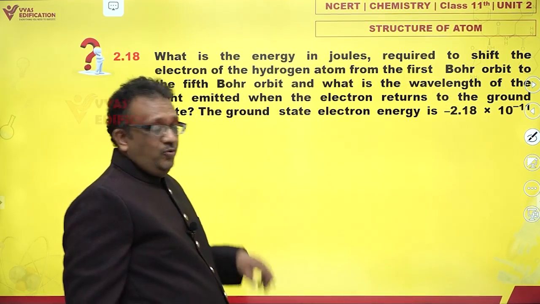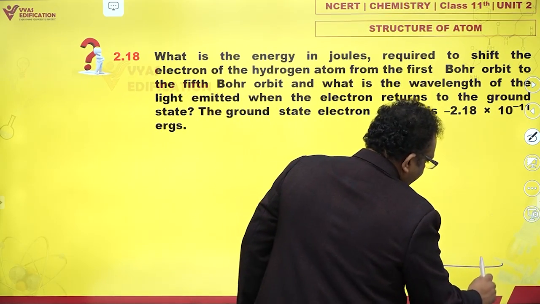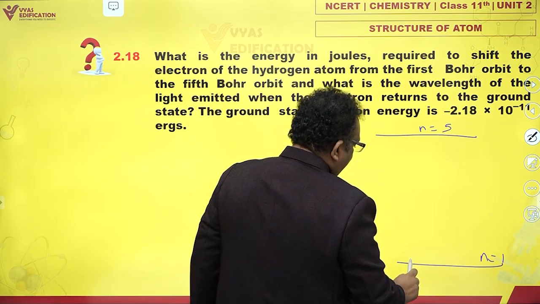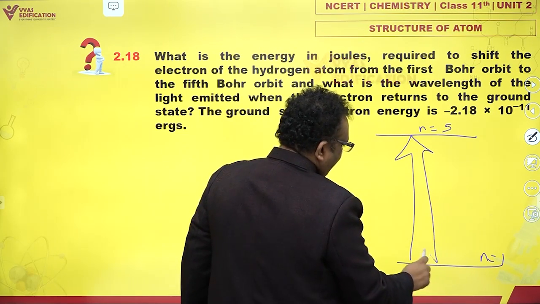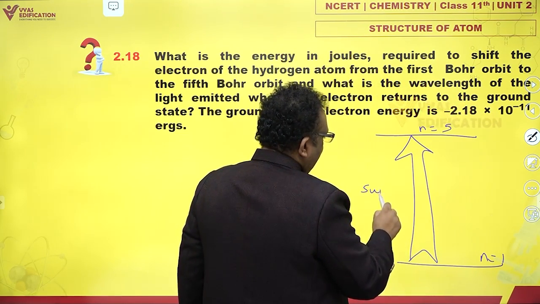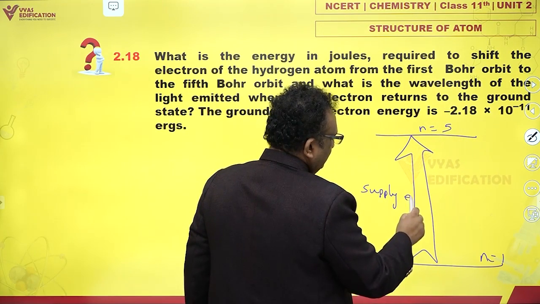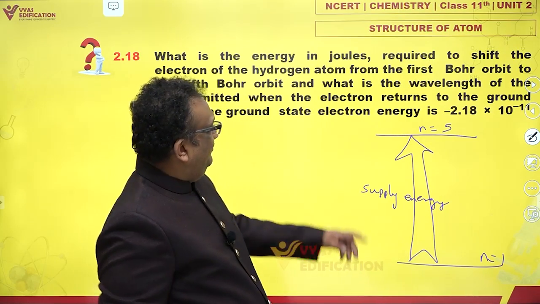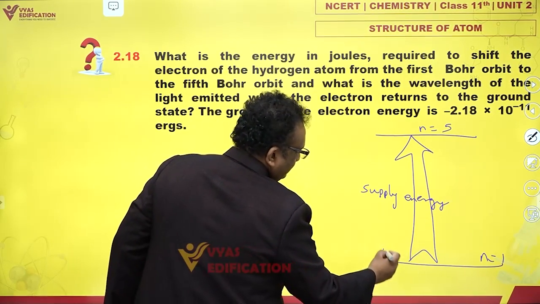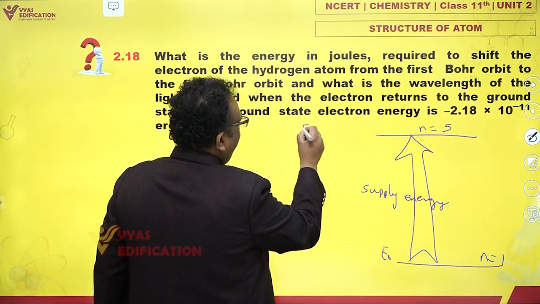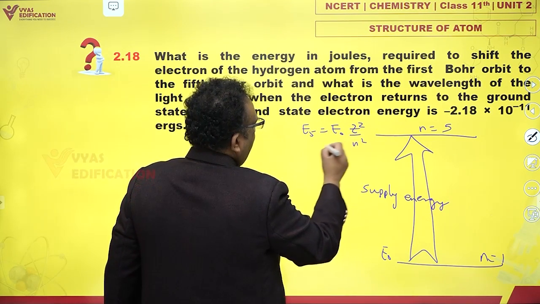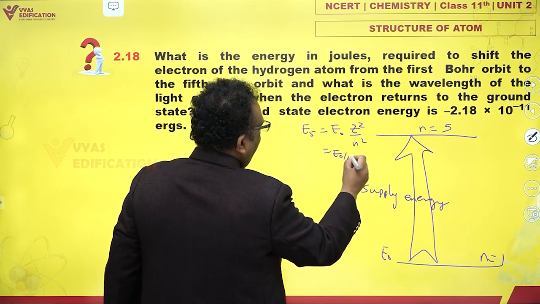First Bohr to fifth Bohr orbit. So you have n is equal to 1. Lovely. And from there, you are uplifting the electron to n is equal to 5. So you have to supply energy. How much energy? There is some energy in the first orbit, E naught. And energy in fifth orbit is E naught z square by n square, which is E naught by 25.